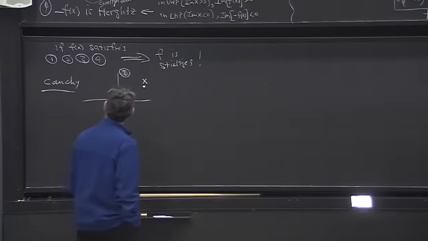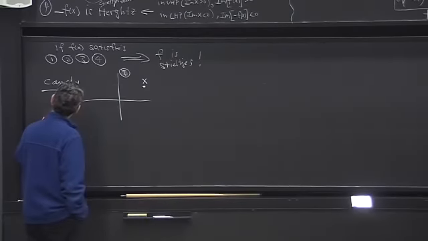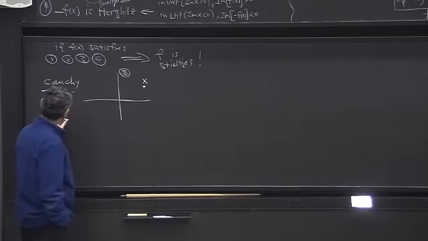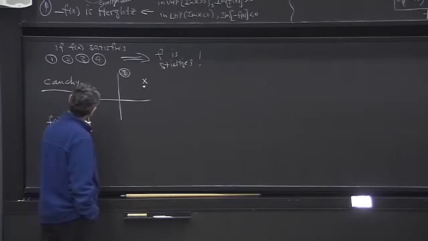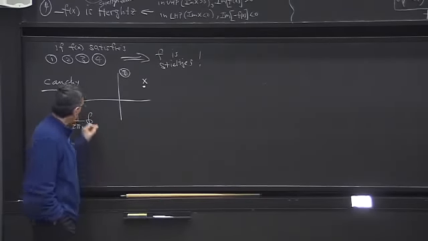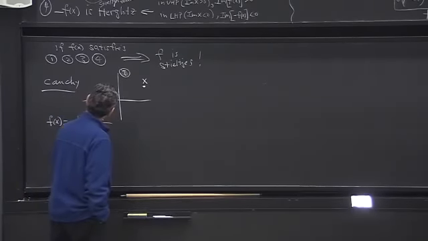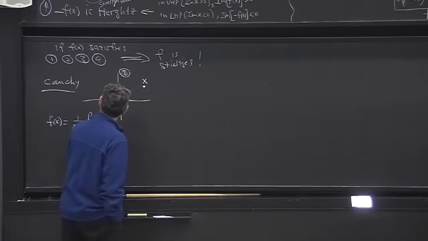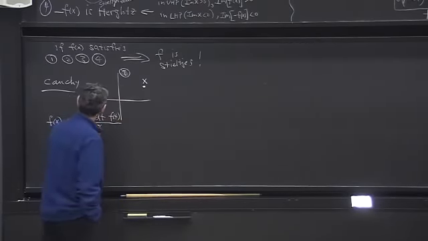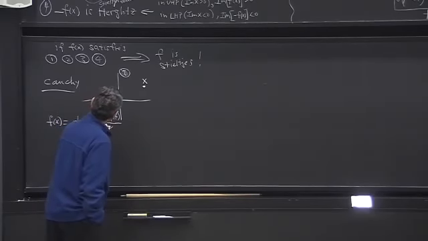Okay? Cauchy's theorem says that f of x is equal to 1 over 2 pi i times the integral dt over c times f of t divided by t minus x.